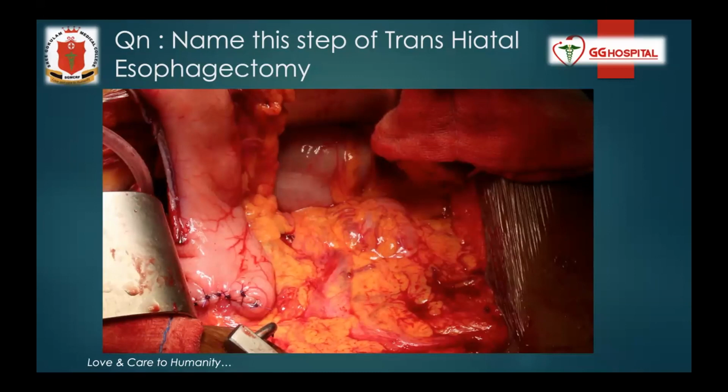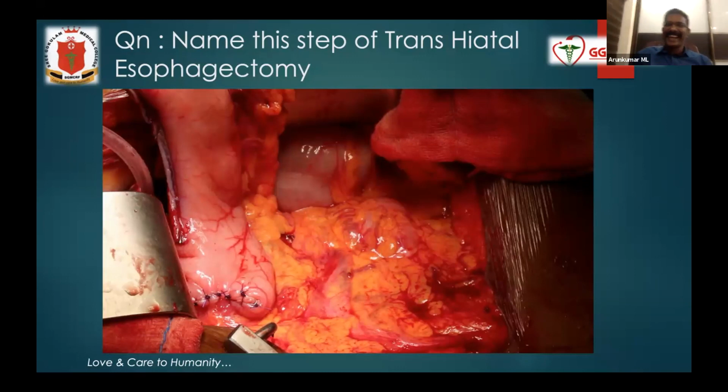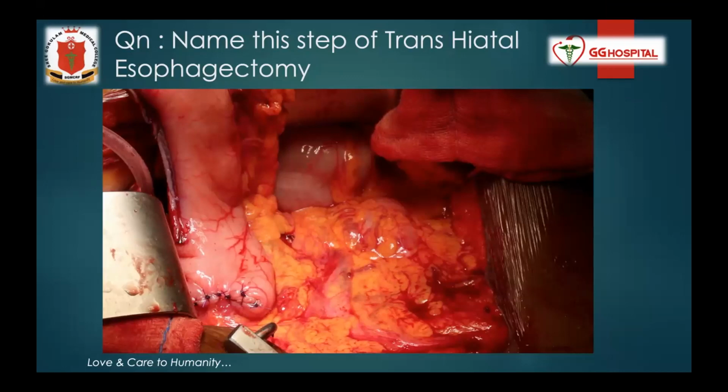I would like to ask a question on that. Arun, this is only a quiz. No, I am asking a question on this comment. Okay, tell me, please. So you are telling that there is a lot of bile reflux. That means that the pylorus is patent.